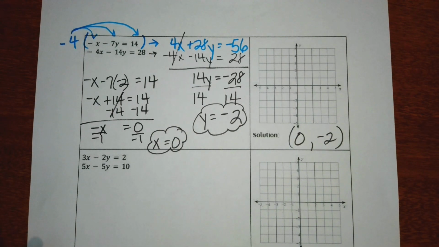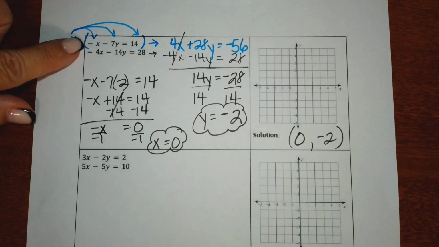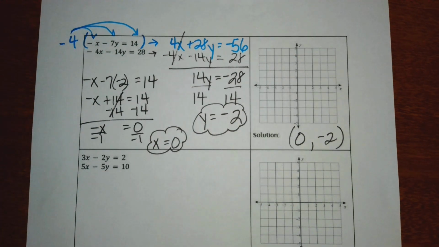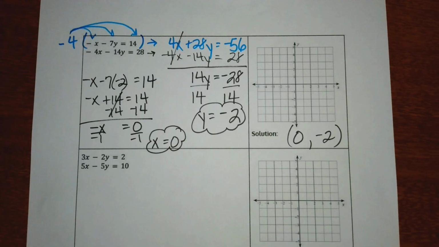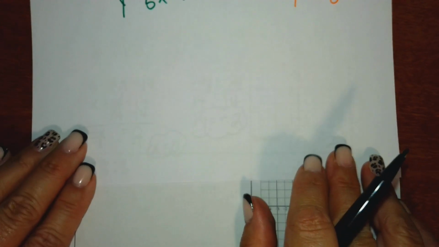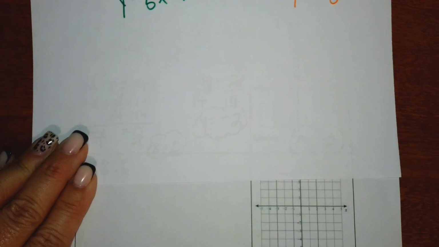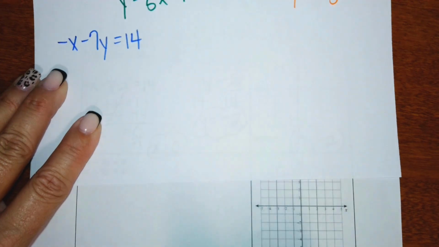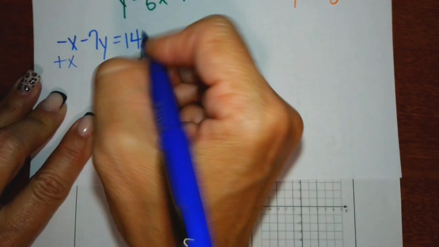Now you are more than welcome to go isolate y and solve graphically. So let's go ahead and get our paper and start doing that. We're going to begin with negative x minus 7y equals 14. Add x to both sides.